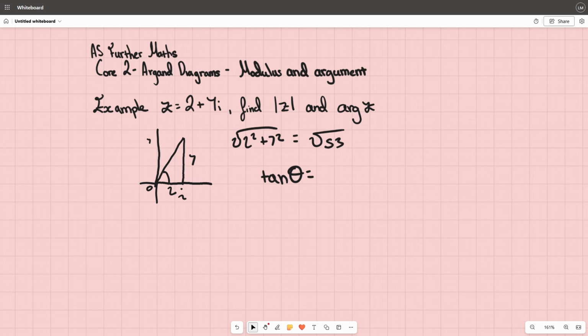So 7 over 2. So when you put this in a calculator, you do tan to the minus 1 of 7 over 2, and you get an answer in radians. You should set your calculator to radians when you're doing Argand diagrams. So you come out with the arg of z is equal to 1.29 radians.